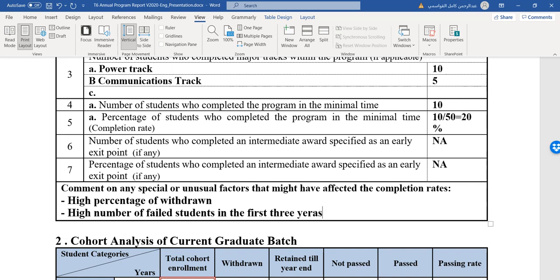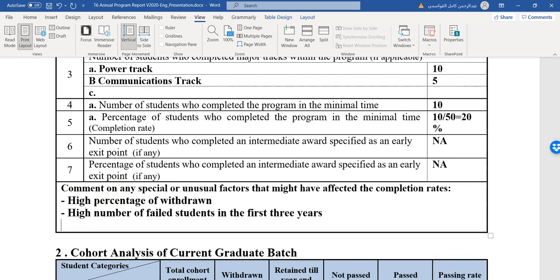These unusual factors can affect the completion rate, and maybe other factors, maybe students transferring to other programs and so on. So you have to write them.